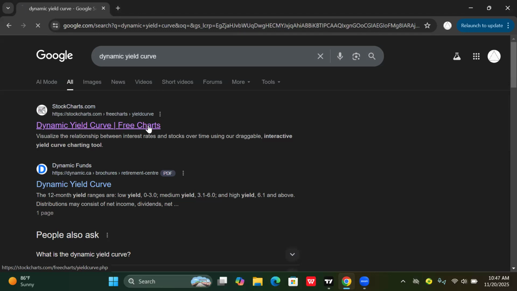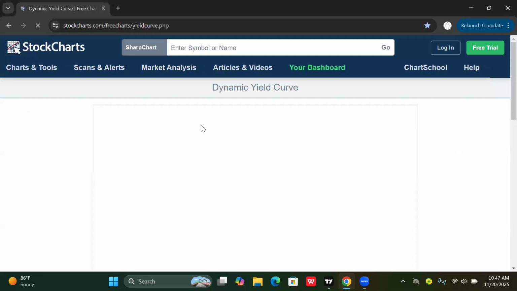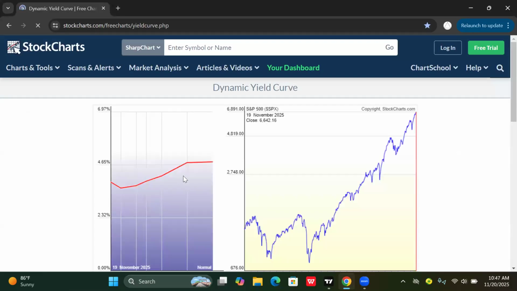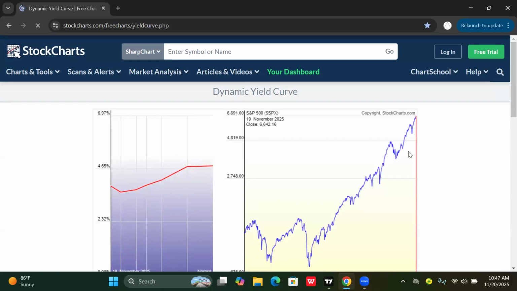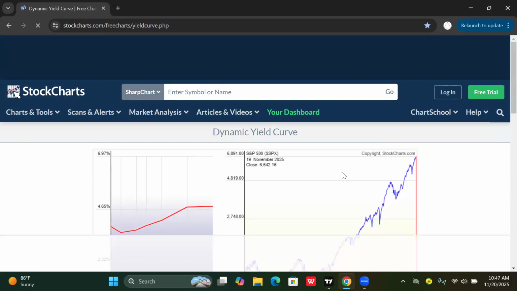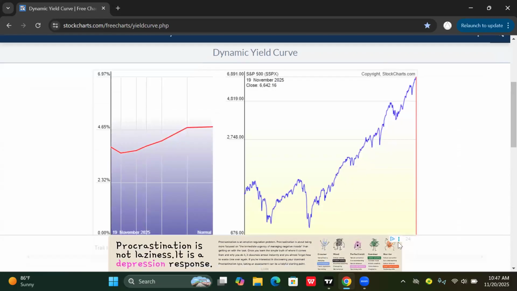So let's look at stockcharts.com. All right, so here we have the dynamic yield curve. As you can see, this is the current price of the S&P 500, and this is the yield curve. Yield curve is still positive, which means we are still in positive stocks territory.